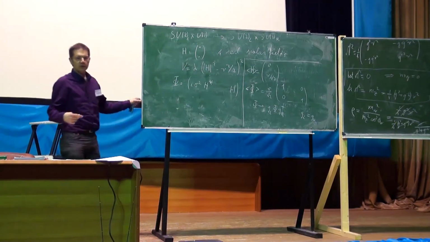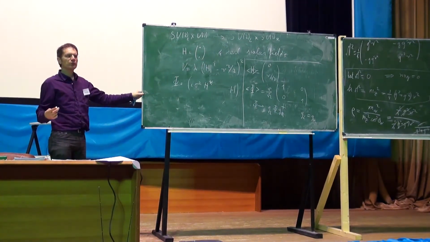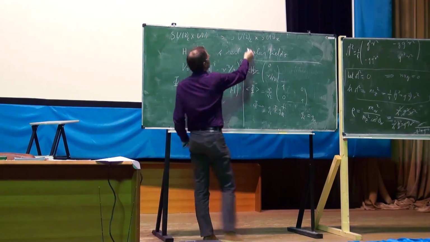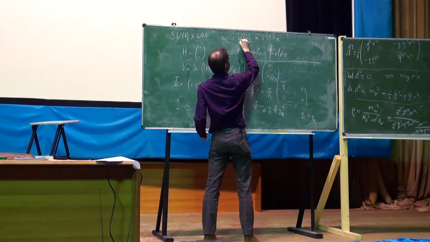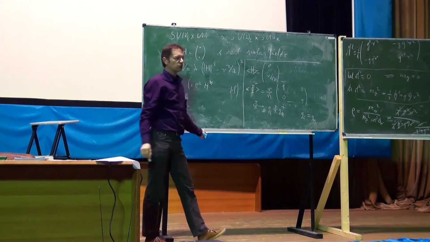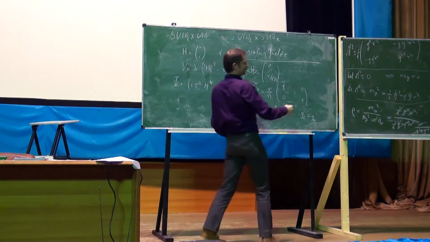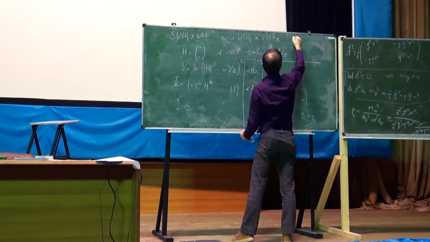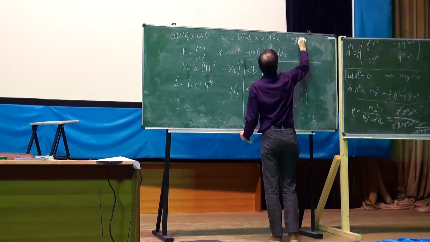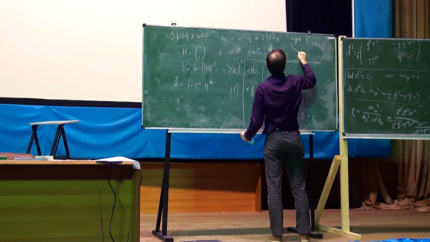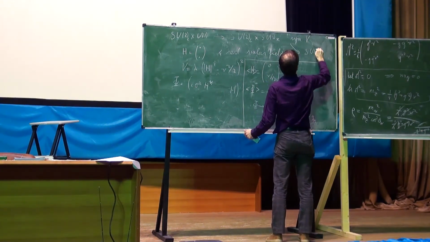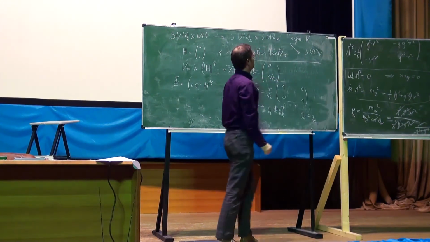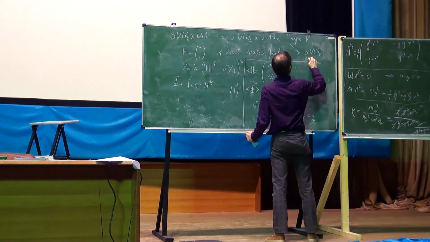So we have discovered that in the vacuum there is an unbroken symmetry, and this unbroken symmetry is the diagonal element of SU2 left cross SU2 right. So that's the symmetry of the Lagrangian and the potential, and in the vacuum it is broken to SU2 diagonal, or SU2 vectorial. That's the symmetry of the vacuum.